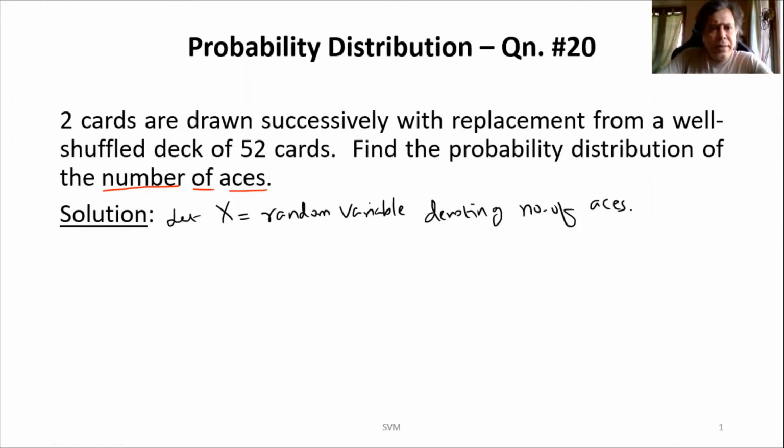Since it is talking about two cards, one possibility is that in both the cards I draw successively, I don't get an ace. The second possibility is that I get exactly one ace. The third possibility is that in both cards I get aces.